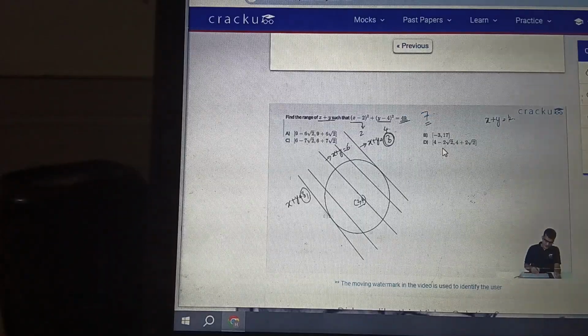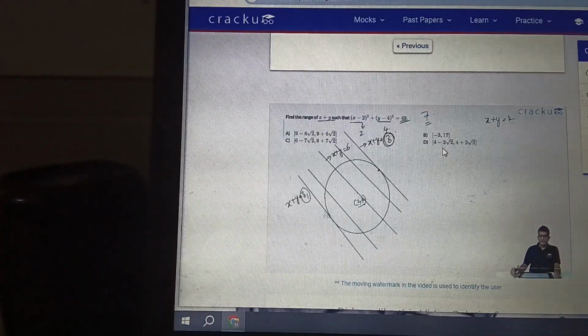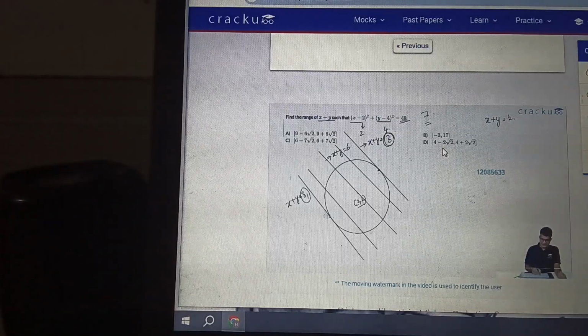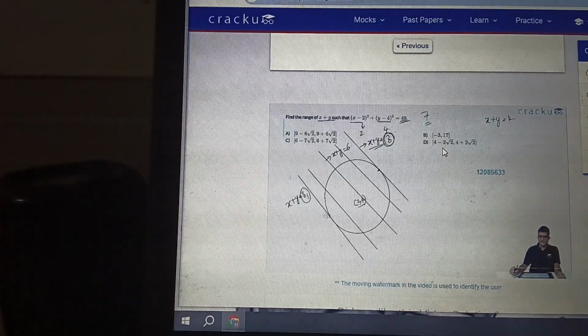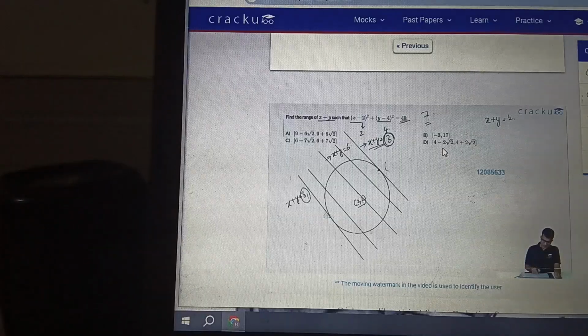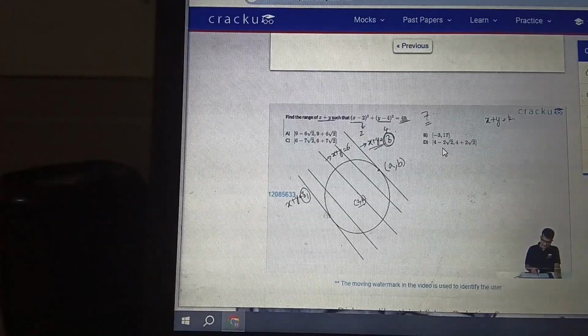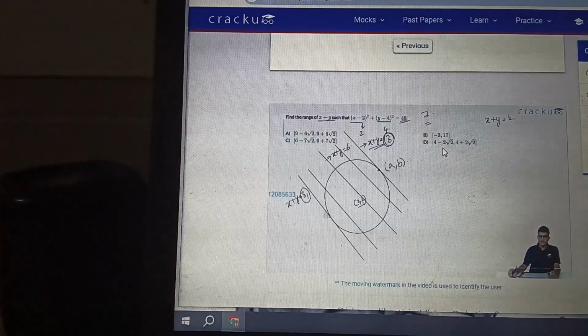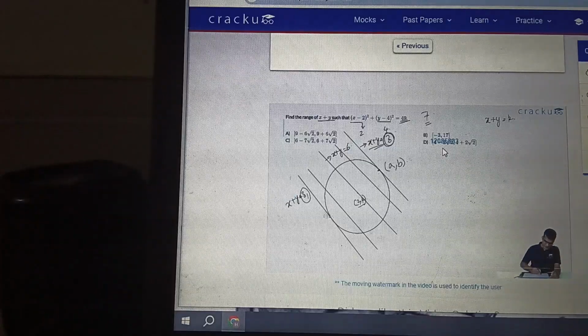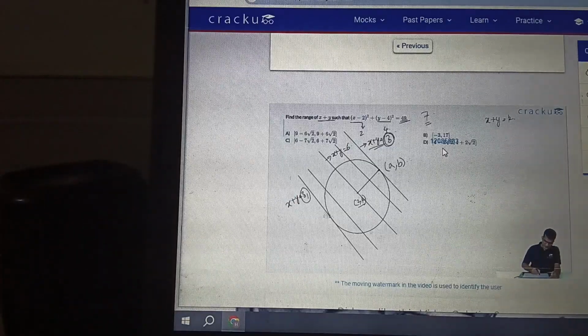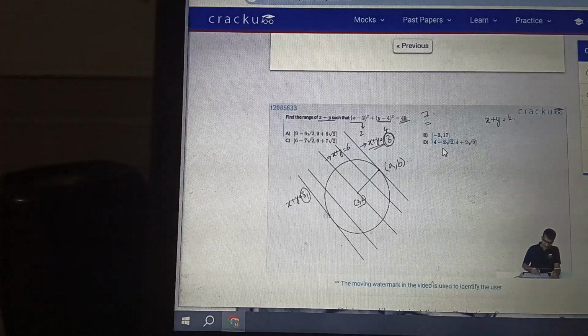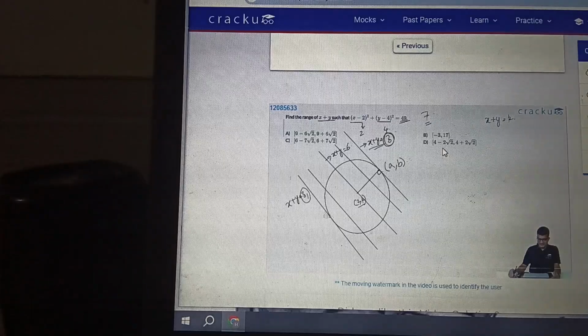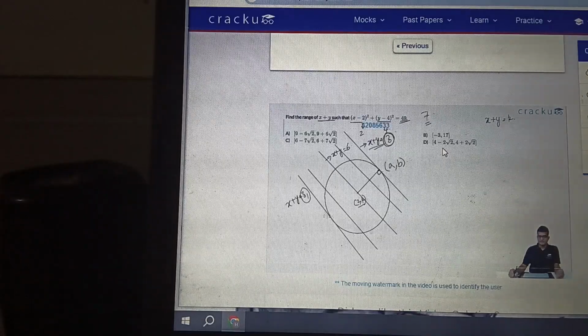So assume that the point of intersection of the tangent, which is lying on x plus y is equal to z, and the circle is a point called, say, (a, b). Now if you connect that point (a, b) to the center of the circle, this is going to be perpendicular to the given line, because the line connecting the center to the point of intersection of the tangent and the circle will always be perpendicular.